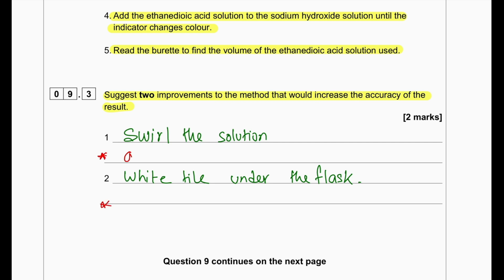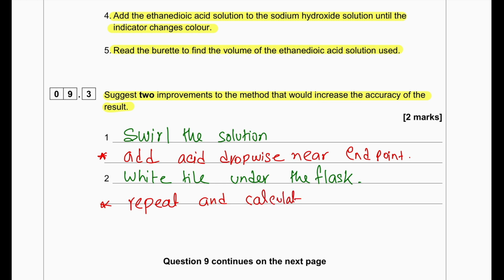And as the student was adding the ethane dioic acid, the student could add it dropwise when reaching the endpoint. The student could have repeated this process several times, rejected the anomalous result and calculated an average. So all of this could be improvement.